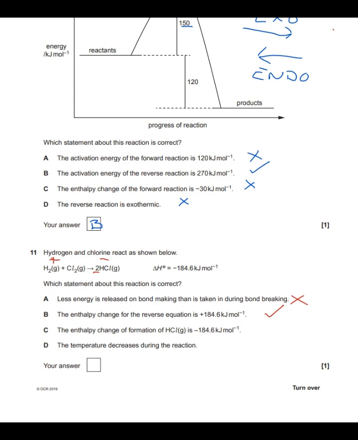So that means to form 2 moles of HCl, it gives out this much energy. So if we had 1 mole, it'd be half as much, 92.3 kilojoules per mole. So that's why that one is incorrect. And the temperature decreases during the reaction. Well, we can see it's an exothermic reaction because we have a negative value there. So energy is released into the surroundings, so the temperature would increase. So therefore, it has to be B.